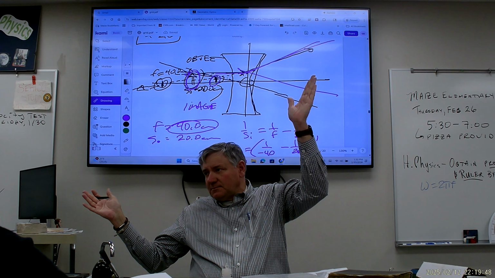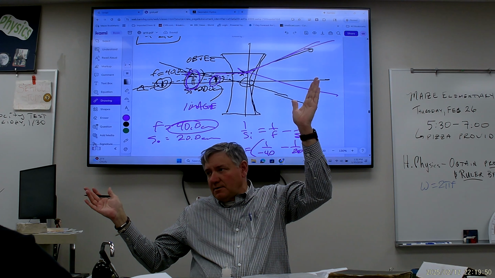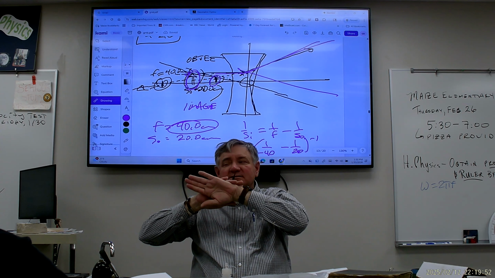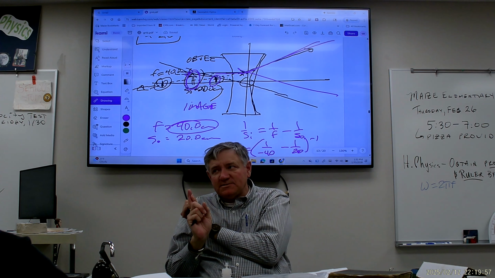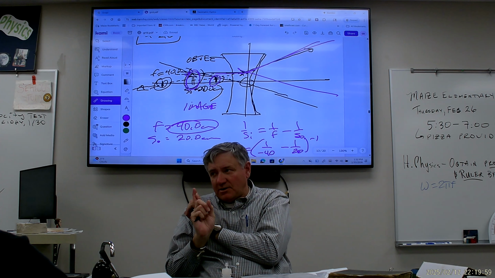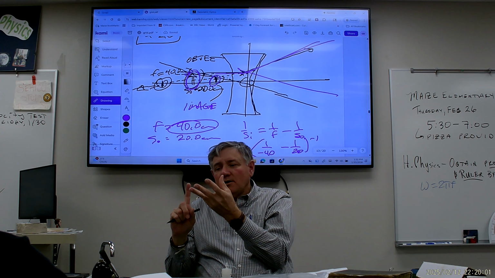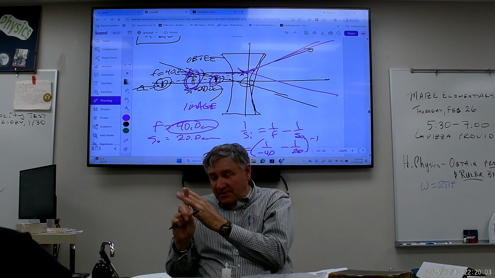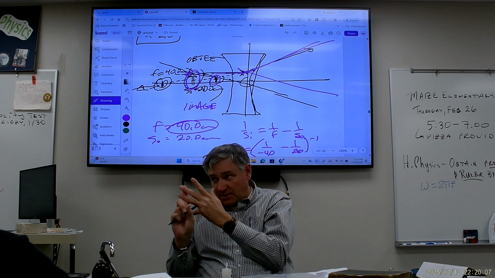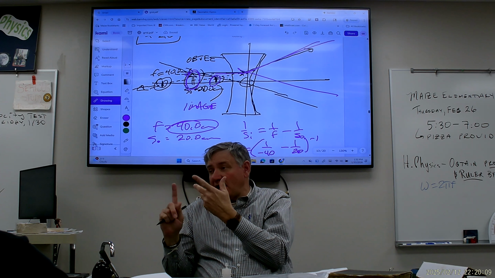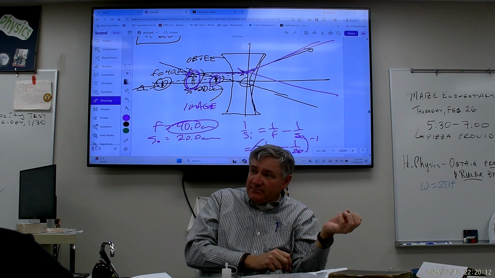So like image distance. All right, so here's the rule. Your object distance is always positive. There's no exceptions to that rule. Your focal length can be positive or negative depending upon what the light is doing. But then that drives what happens to the sign of your image distance.